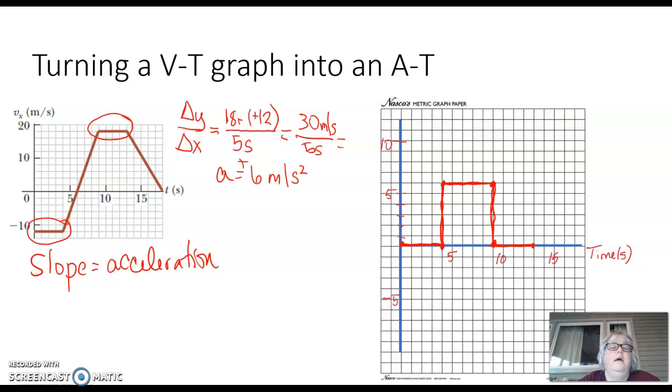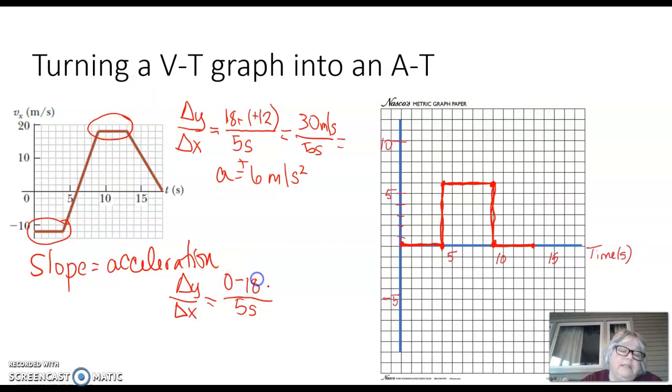Now my final segment of the graph, this section right here, I'm going to be decreasing my speed. So as we said before, we're going to have a negative acceleration. So for that segment, again, I'm going to do delta y over delta x. We go from 13 seconds to 18 seconds. That is again a change of 5 seconds. And my velocity is going to change from positive 18 down to 0.